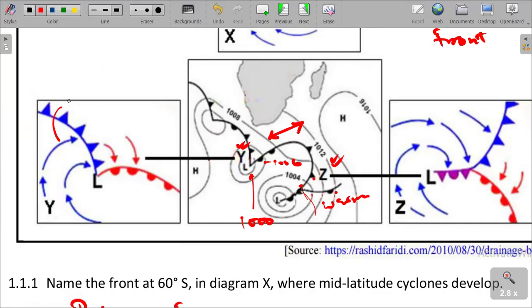We are saying this is clockwise. We have got a clockwise motion, a clockwise circulation that is shown here. And then we also see that the cold sector is facing southward.